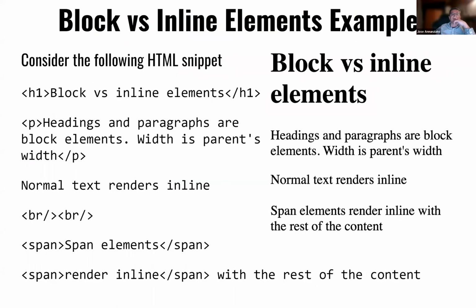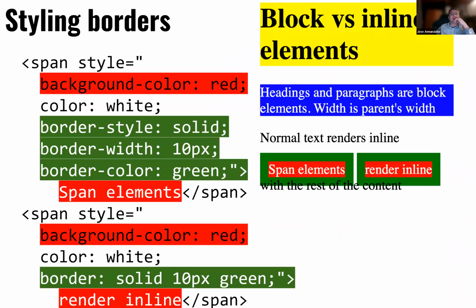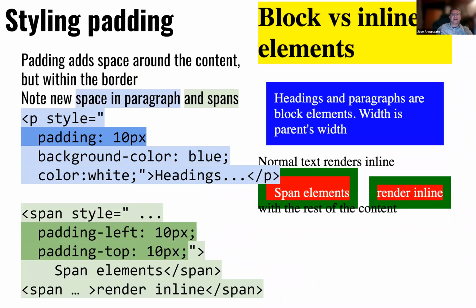We talked about block versus inline, and being able to apply these colors either with the style attribute or classes, where you could either declare the styling in one single line like this, border solid 10 pixels, or split it up across multiple lines. We did that.